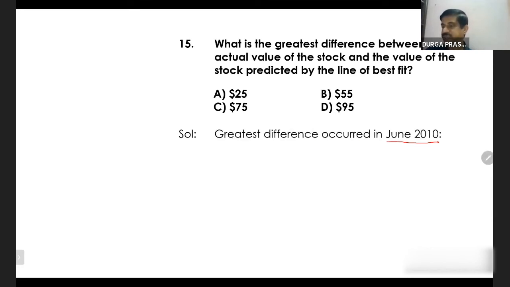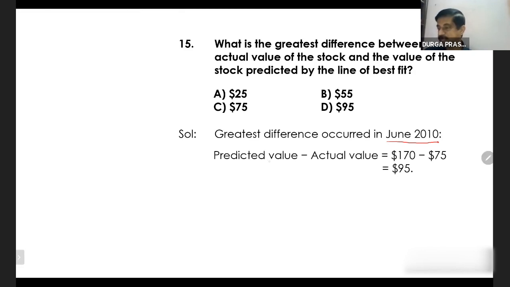So the greatest difference has occurred in 2010. The predicted value is 170 maybe approximately, because when we draw a horizontal line, it's okay, 175 you were thinking. But it's okay, it's 170 minus the actual value, the dot. Predicted value is on the line of best fit, and the actual value is the dot.